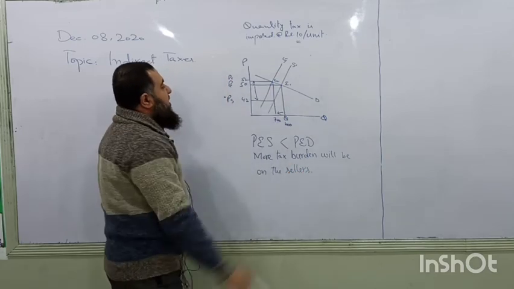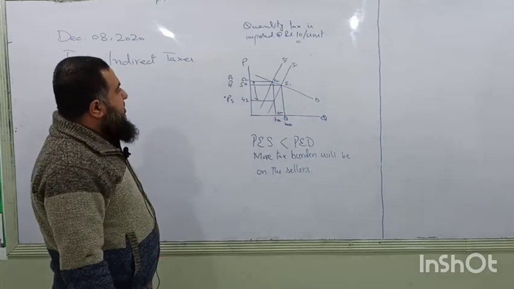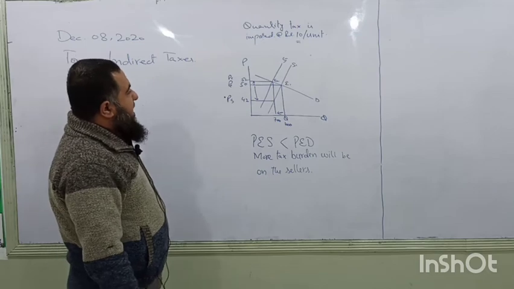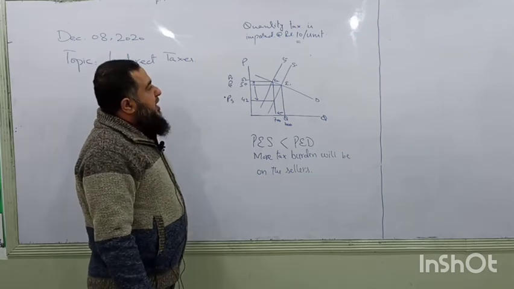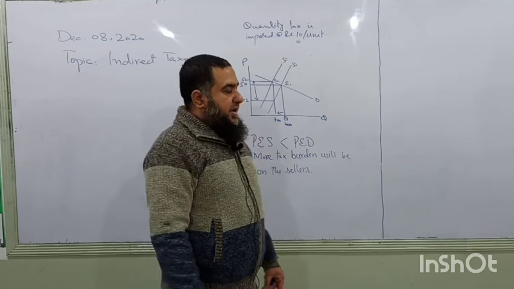This is again the deadweight loss of the tax. So when demand is more elastic than supply, sellers bear more burden.